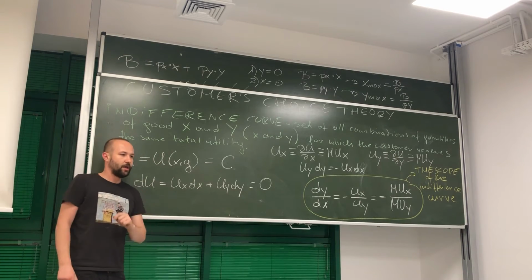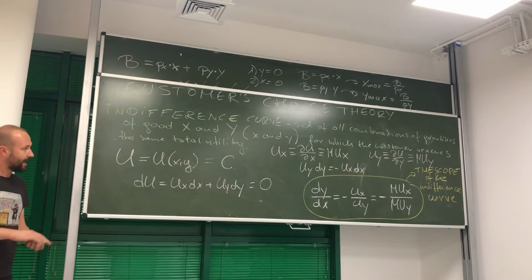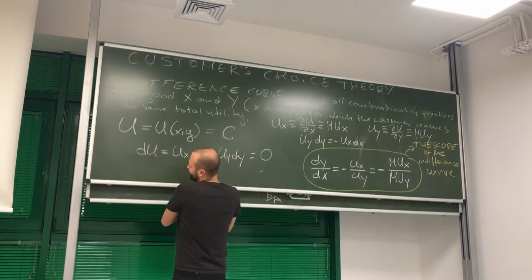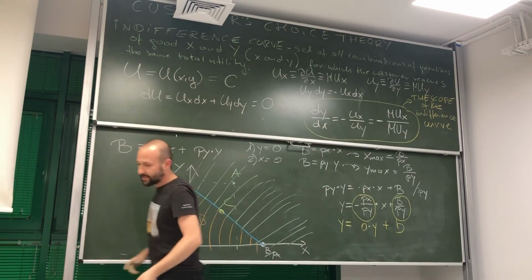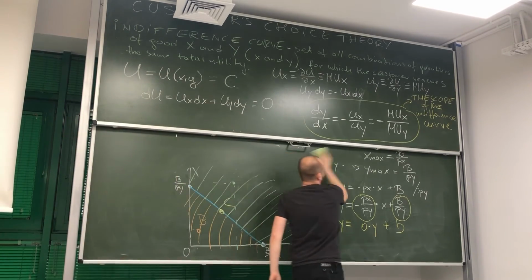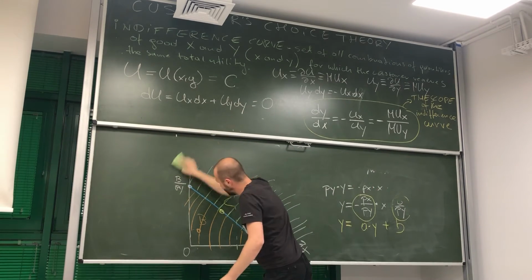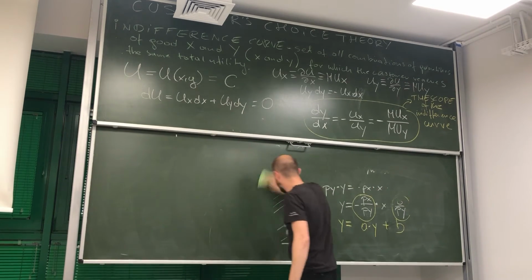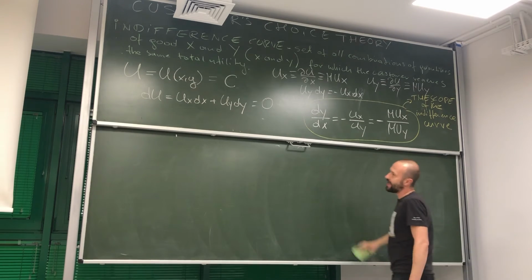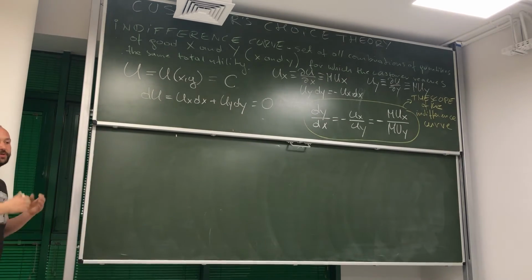We know it is negative. Can we say anything more? Actually, it turns out that this slope of the indifference curve has a very special name and has a very nice economic interpretation.